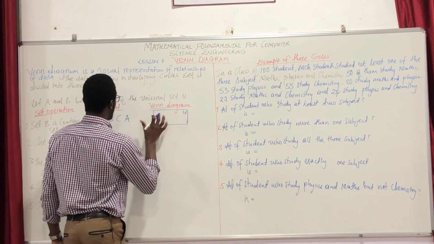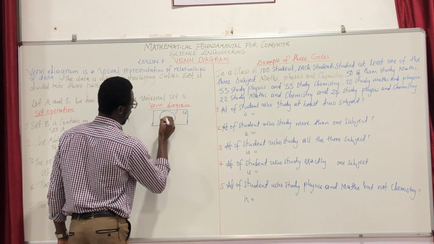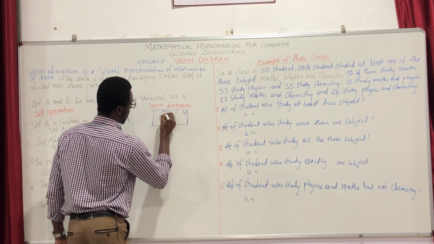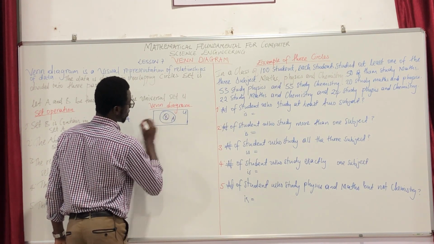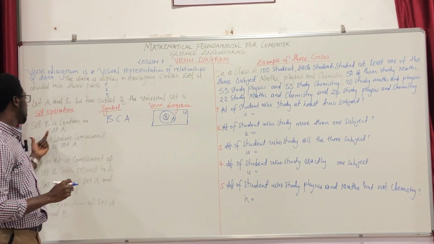Then inside the universal set you have B contained in A. So first you need to have A, then inside the A we have B. So this means set B contained in set A.